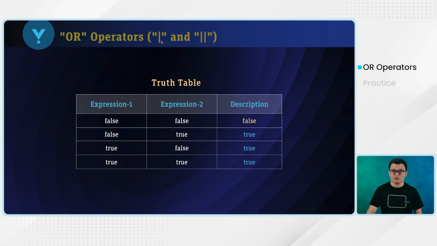Doesn't matter if you use the bitwise or the logical OR operator. As long as one of the Boolean expressions is true, you will always get true at the end. So there are 75% chances that you will get a true result when you are using the logical or bitwise OR operators.